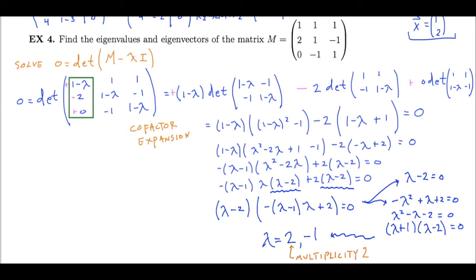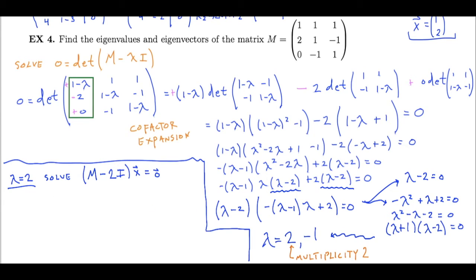eigenvalues. Now, as we saw in the previous problem, once I have those eigenvalues, I will deal with them individually. So I'll take lambda equals 2, for example, and I'll plug that eigenvalue in for lambda in the system M minus lambda I x equals 0. That's equivalent to putting that in along the diagonal of this matrix.